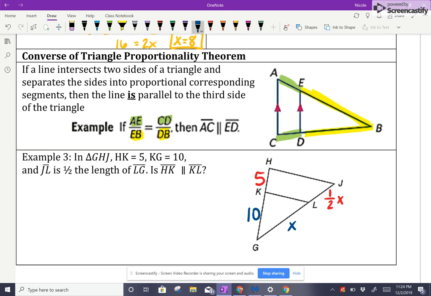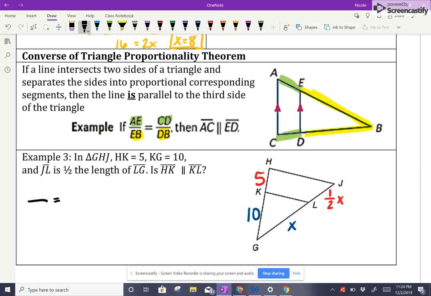So now I want to compare these proportions. It doesn't matter if I have an X as long as the proportions are proportional to each other, equal to each other. So I'm going to look at these similarities and see what we can do. Remember, I'm going to do one type of triangle over the other type of triangle.